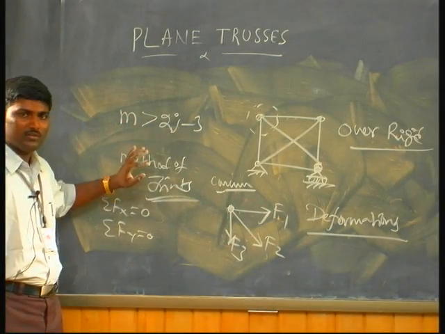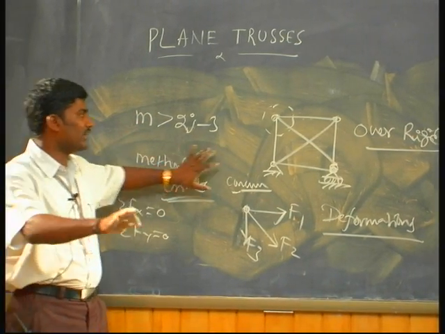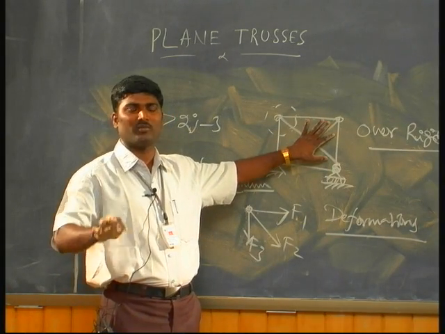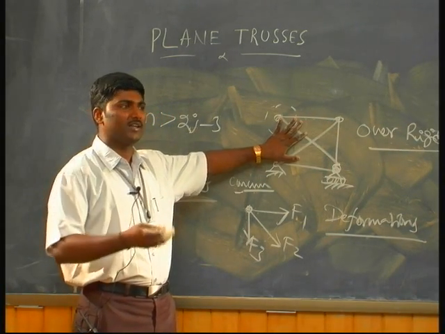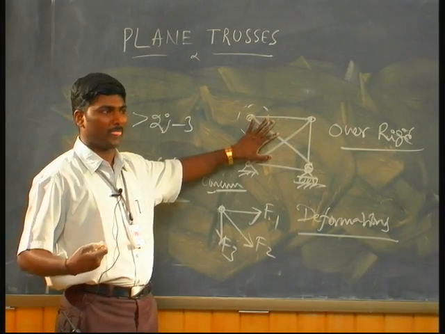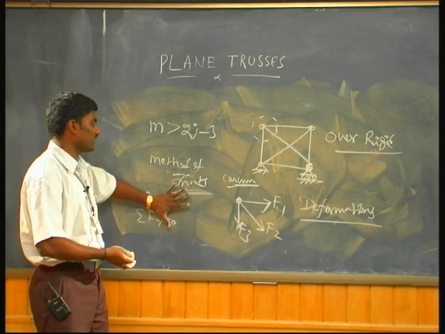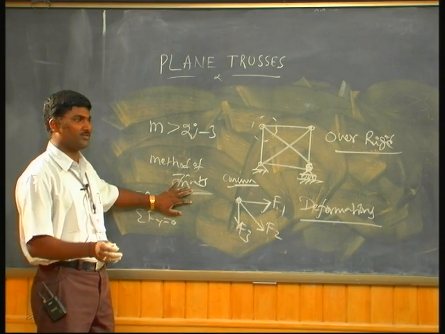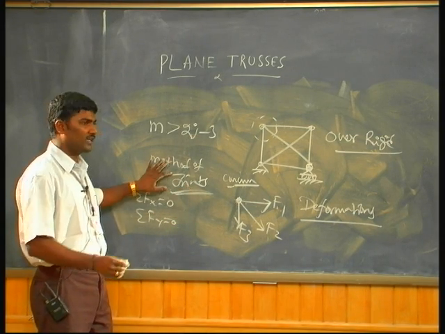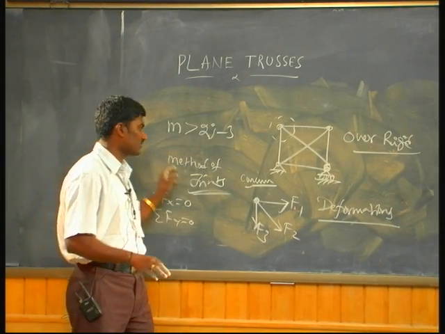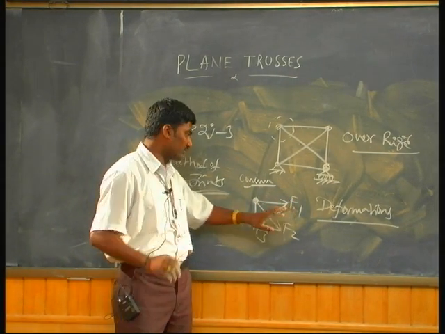So this is the problem. According to its stability there is no problem at all, it is over rigid, more rigid than what we require, but there is a problem with the analysis. Your solution will be stopped midway. So that is why in the first year level we do not solve this one, but in the higher levels we solve.